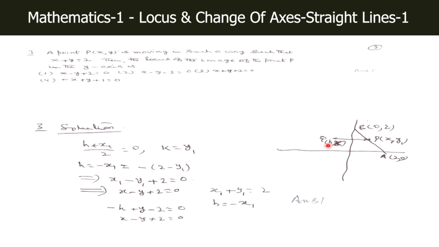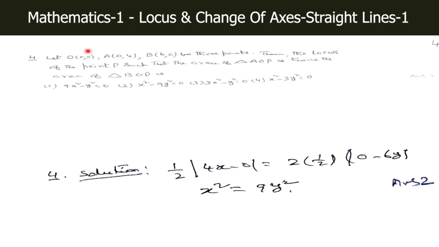Suppose (h, k) is the image of (x1, y1) through y-axis, because the image will have the same y coordinate as P. So therefore h plus x1 by 2 is equal to 0 and k is equal to y1, or h is equal to minus x1, but x1 is equal to 2 minus y1, that is x1 minus y1 plus 2 equal to 0, so the equation is x minus y plus 2 equal to 0. The answer is 1.